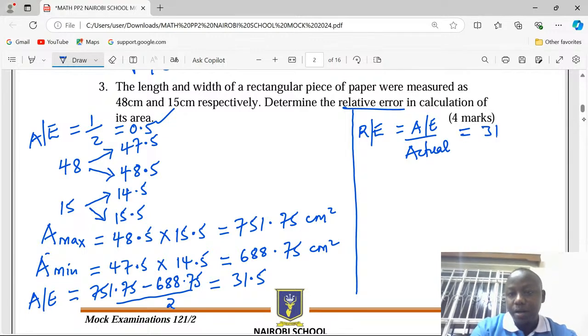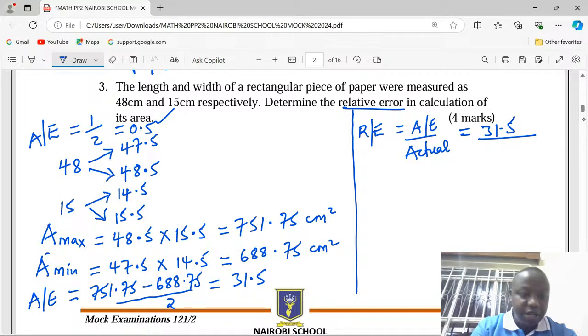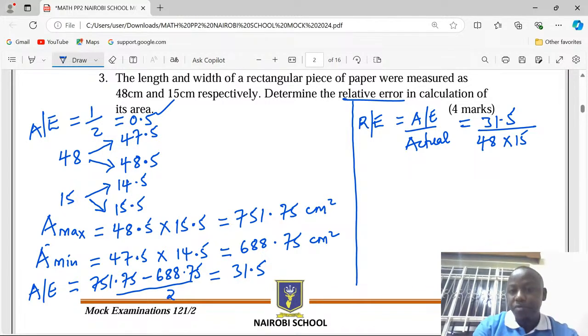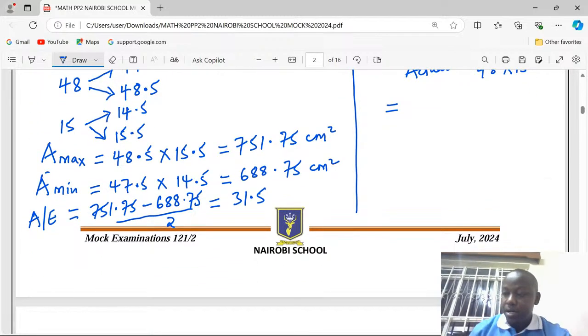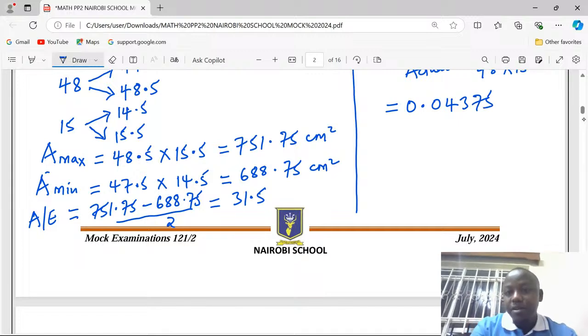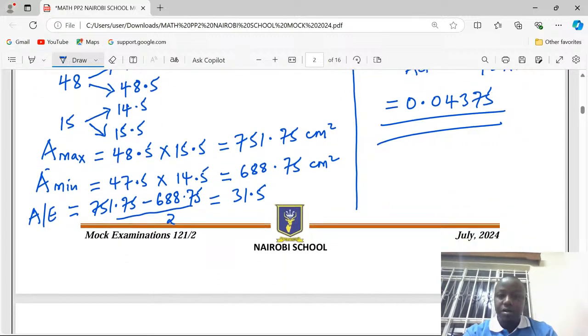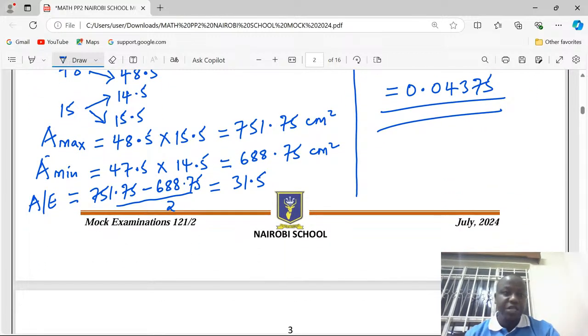So we need 31.5 divided by actual area, which is the area using the dimensions as they have been recorded. So actual area is 48 by 15, just as they are. So now we're going to get exactly 0.04375. So this is now the relative error in the computation of the area for that piece of paper.